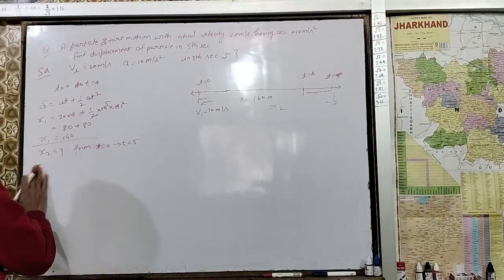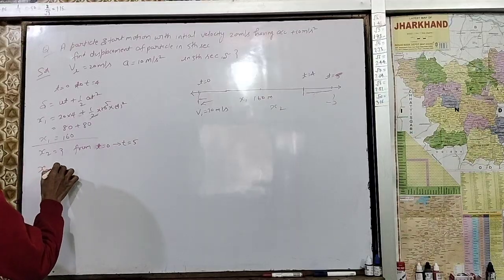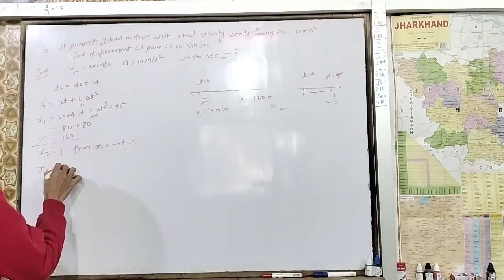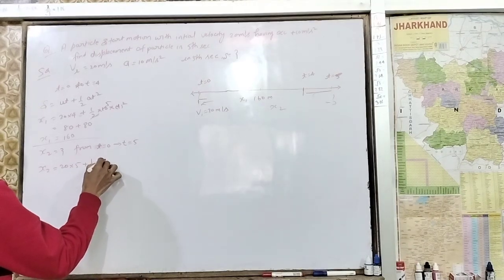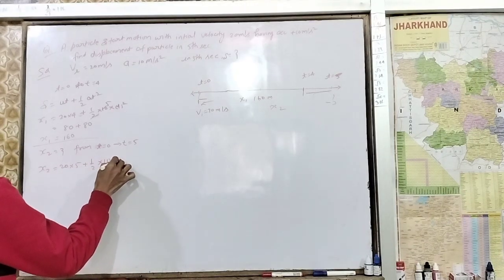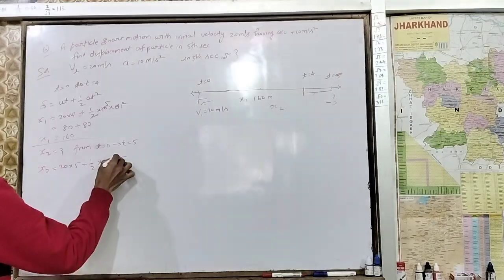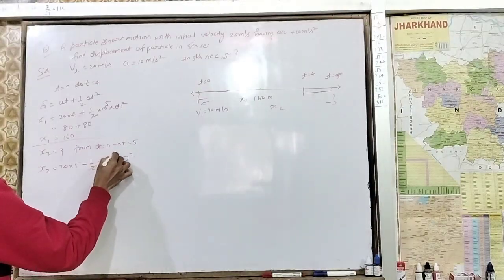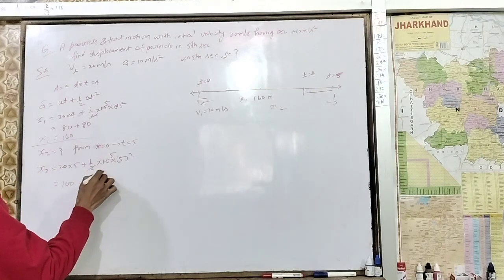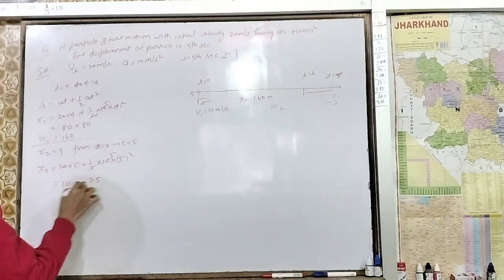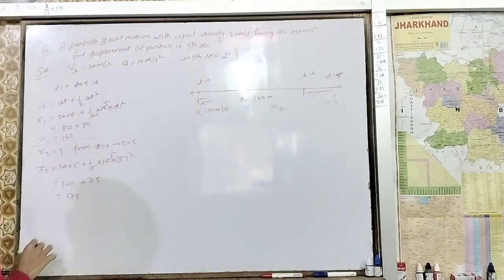Same formula we will use. x2: u is 20, multiplied by t is 5, plus 1 by 2, a is 10, multiplied by t is 5 raised to power 2. 2 5s are 10. Now it is 100. 5 multiplied, then this will become 75. So finally we have 175.